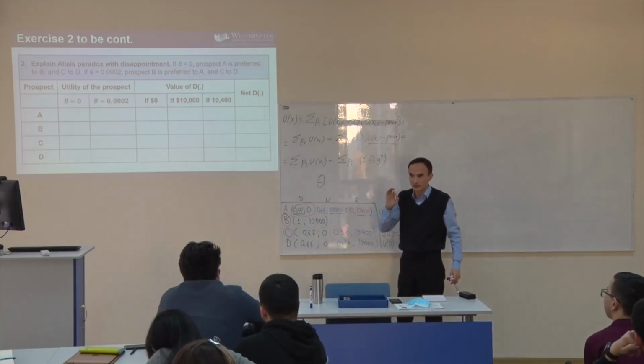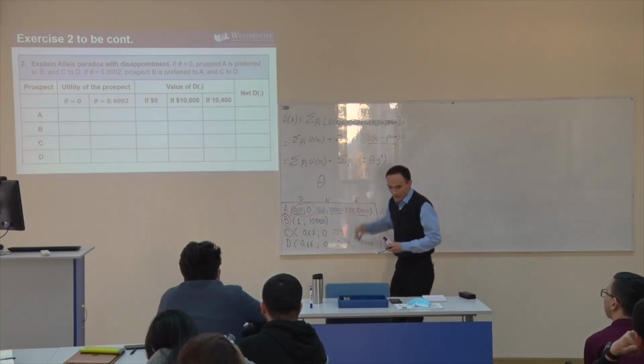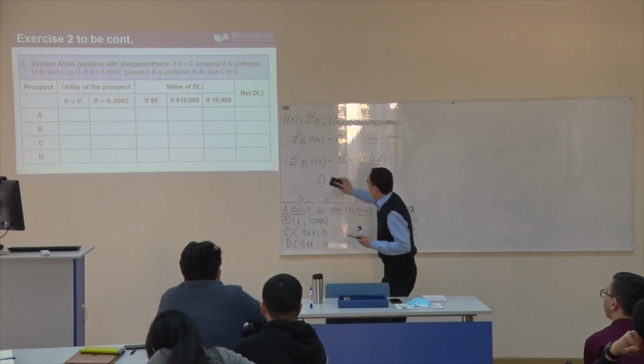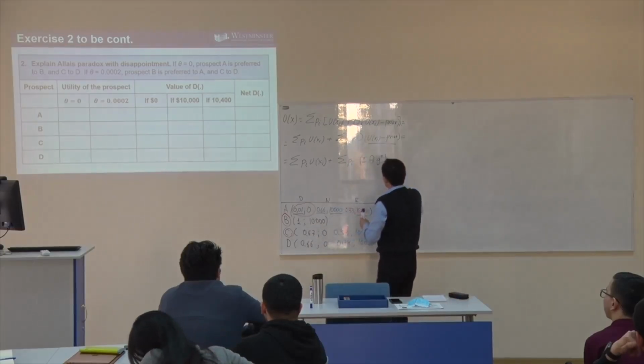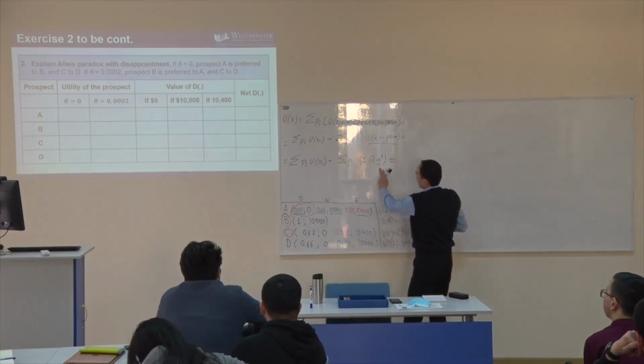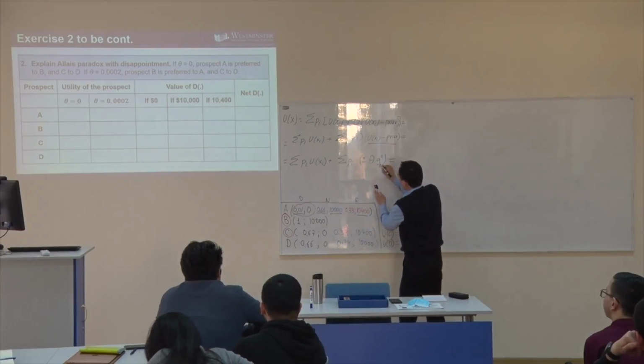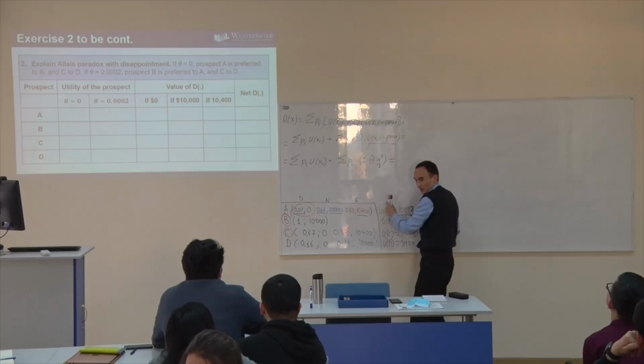Theta is 0. So look, now let me calculate. Here G is going to be different. G is going to be Gj, and in a different case it will be different.